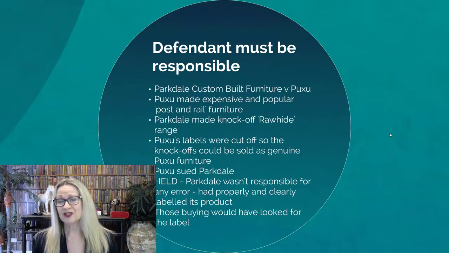Remember I said the first thing that you'd do is you'd work out who exactly the conduct was aimed at. And here the court said, well, if you had consumers that were actually looking for Puxu furniture, this rather expensive post and rail furniture, they'd want to make really sure that they were actually getting what they wanted to get before shelling out that kind of money, and so they would be expected to look for the label. Now, if they didn't find one, then there should have been questions asked.